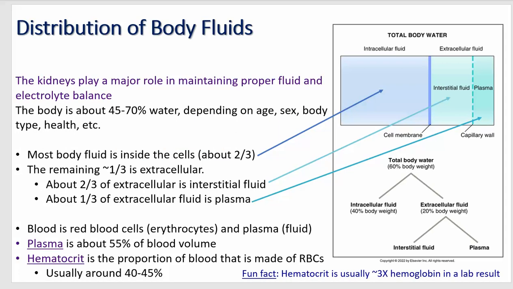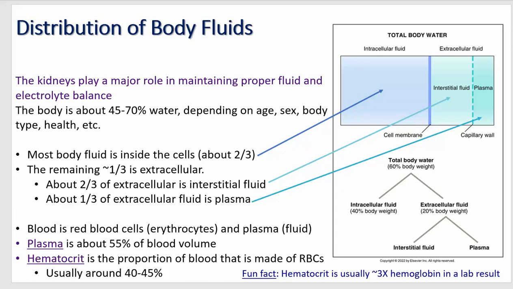But first, let's talk about the basic concept of body fluid distribution. So we already talked about how much water is in the body. It's about 45 to 70%, depending on your age, your sex, and your body type.